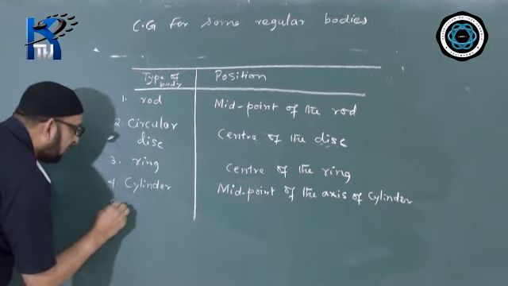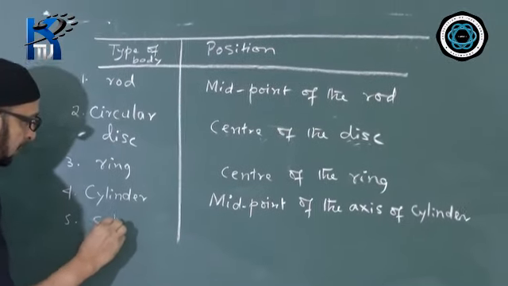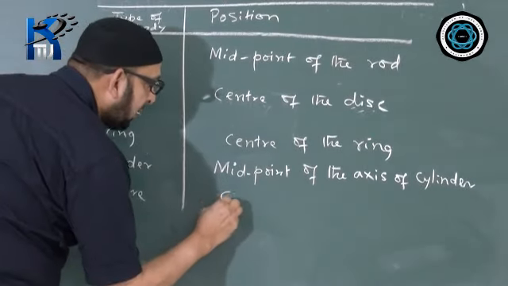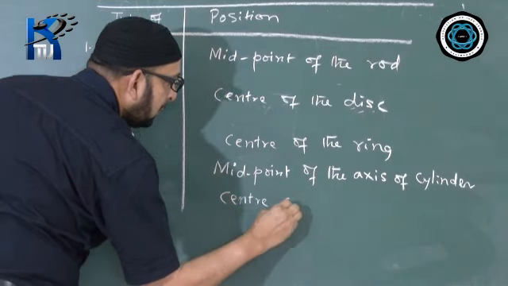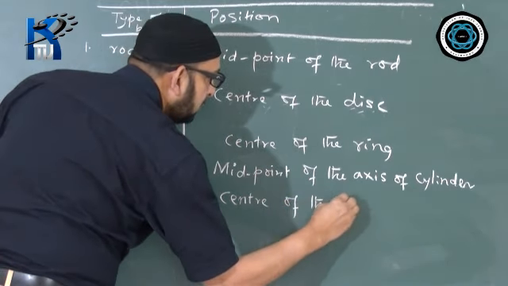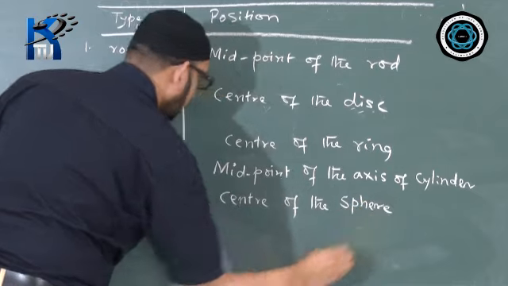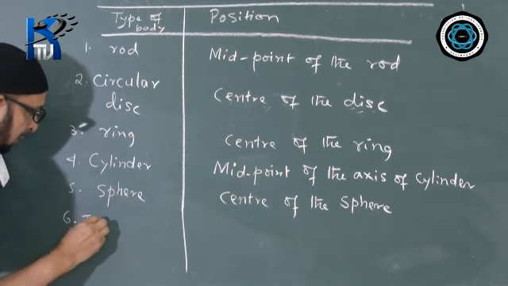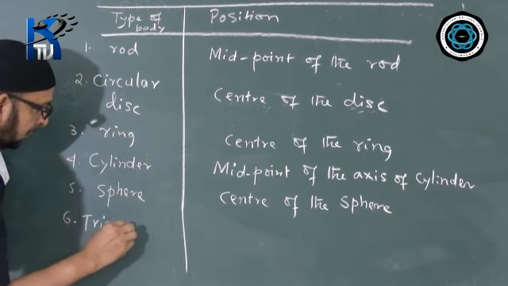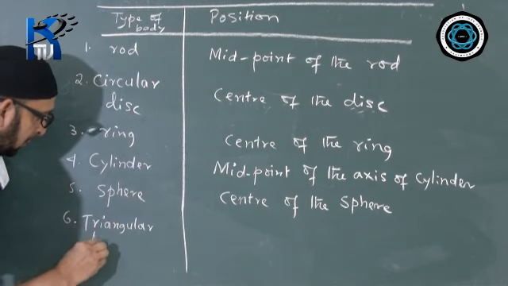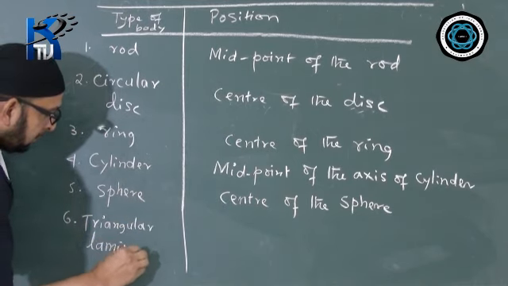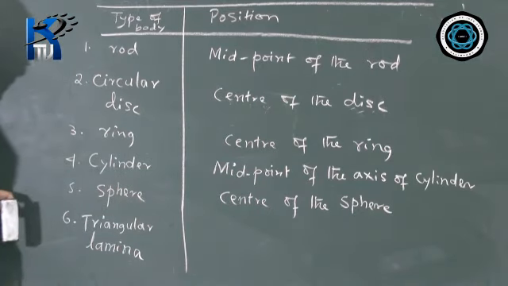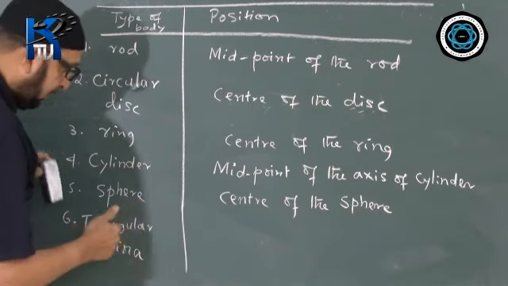If we are having a body in the form of a sphere, either hollow or solid, it will be situated at the center of the sphere. If we are having a body in the form of a triangular lamina, lamina means only a sheet of paper, a triangular sheet of paper, or like a triangular leaf.